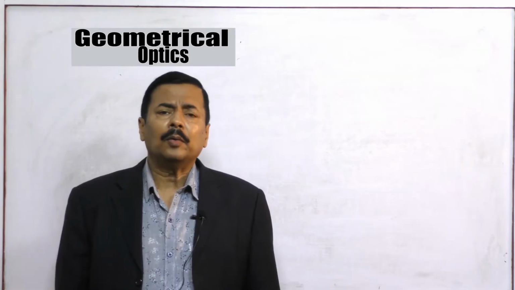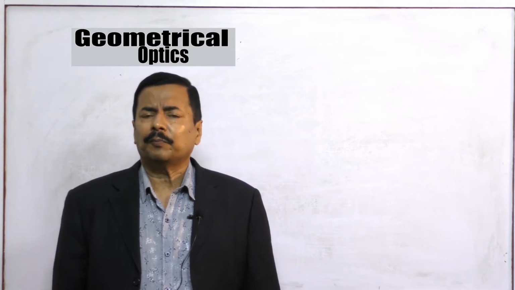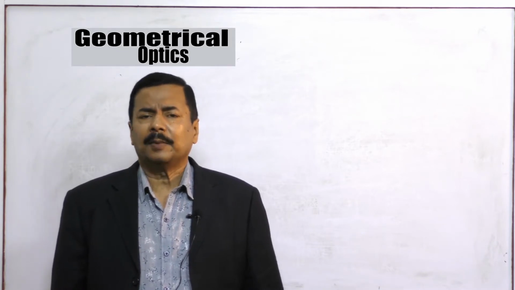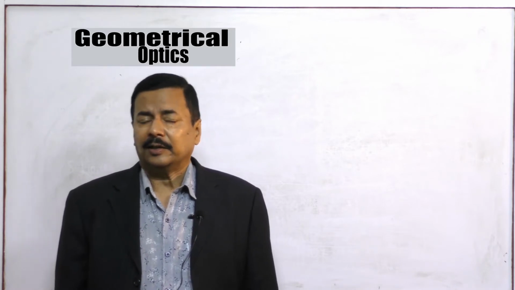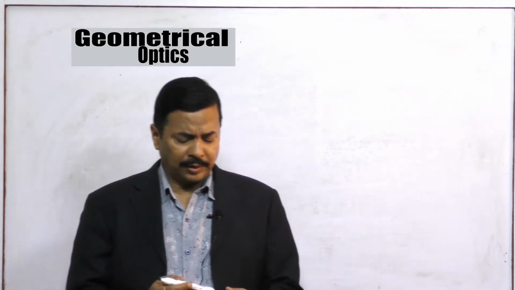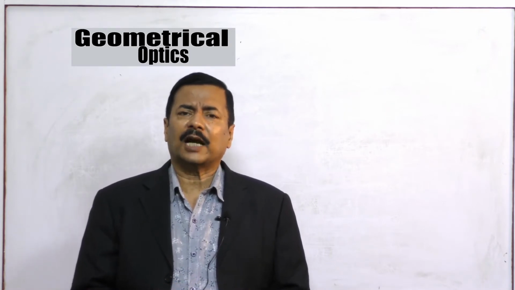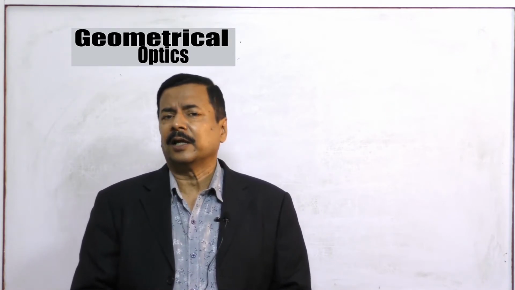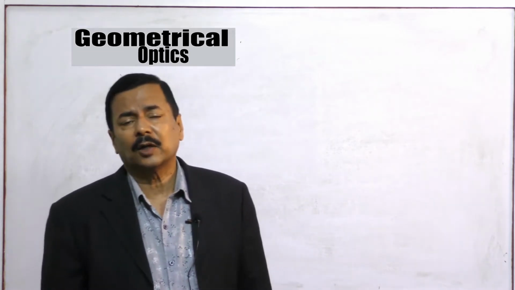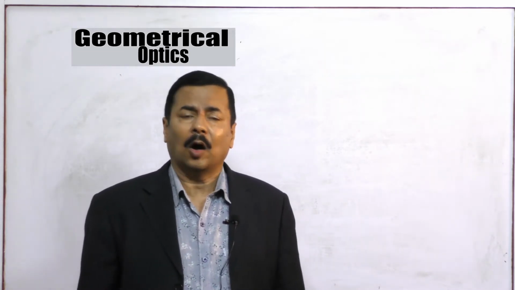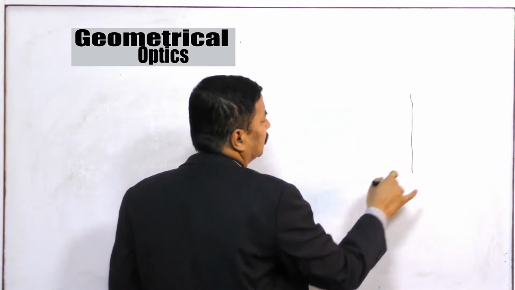Now we would like to understand how the image is formed in a plane mirror, and what is image and what is object. The main problem is that a student reads the whole of optics and does not understand what is object and what is image. In terms of optics, the point of intersection of incident rays is called the object. For example, here is a plane mirror.